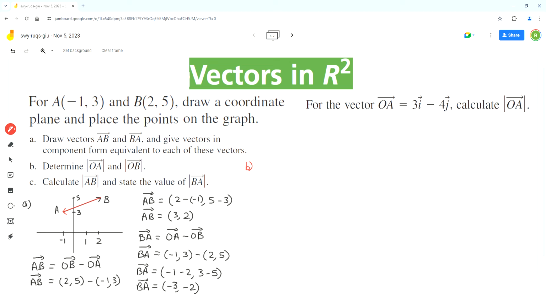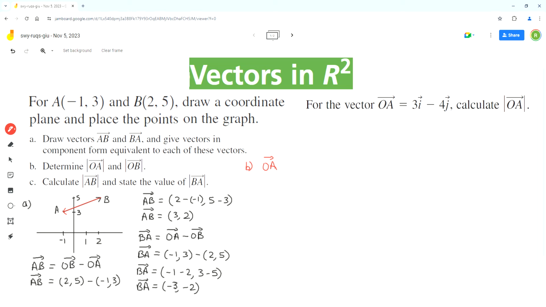So we have to determine the magnitude of position vector OA and magnitude of position vector OB. The magnitude of a vector is calculated by squaring the x and the y components of that vector and then adding the results and then apply square root to the sum.